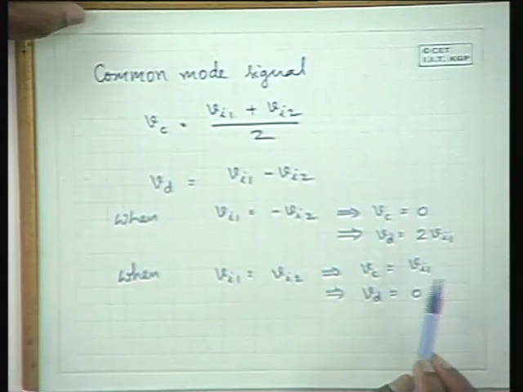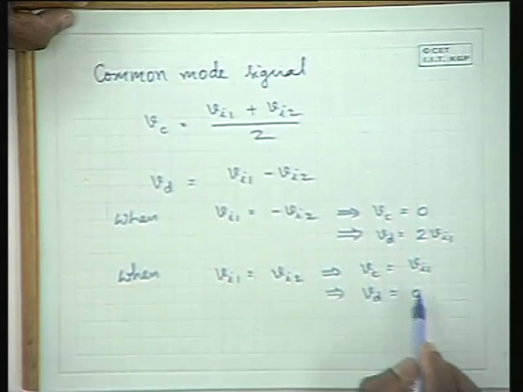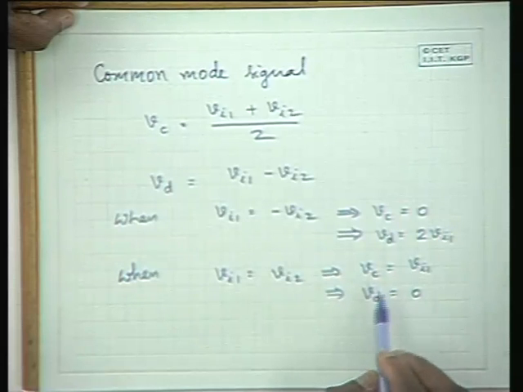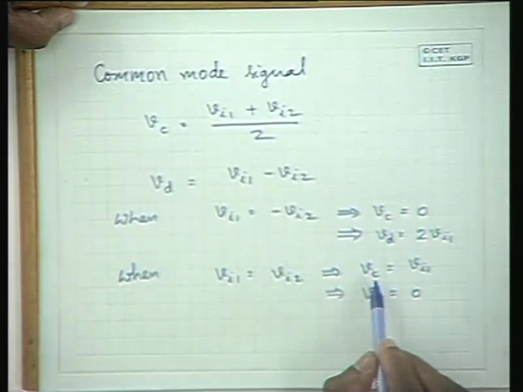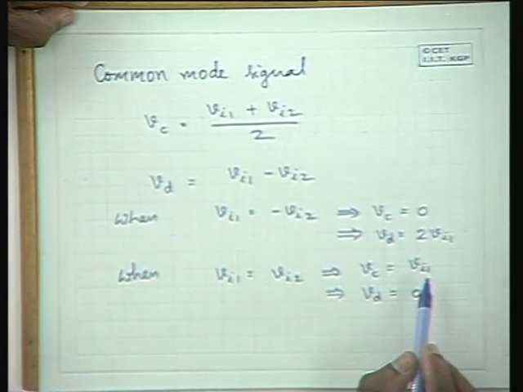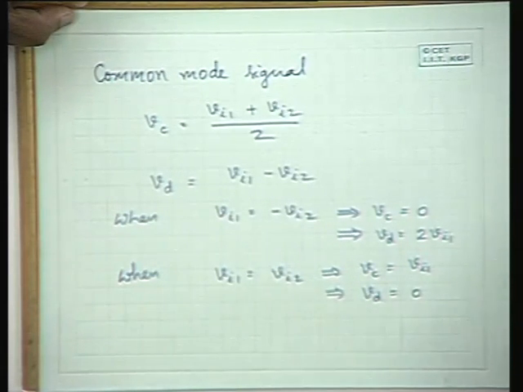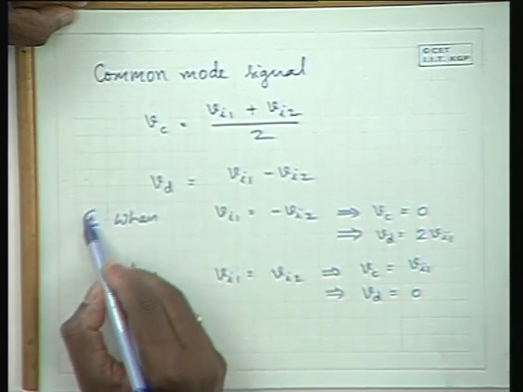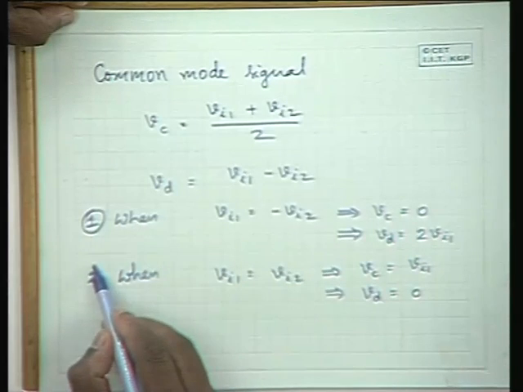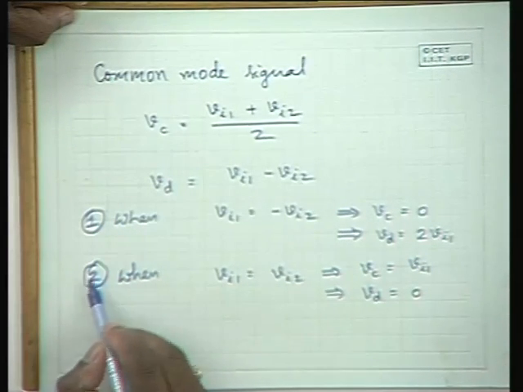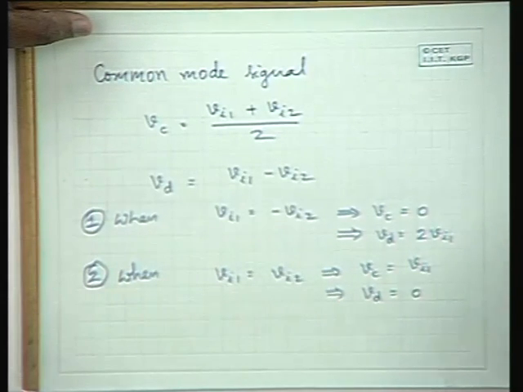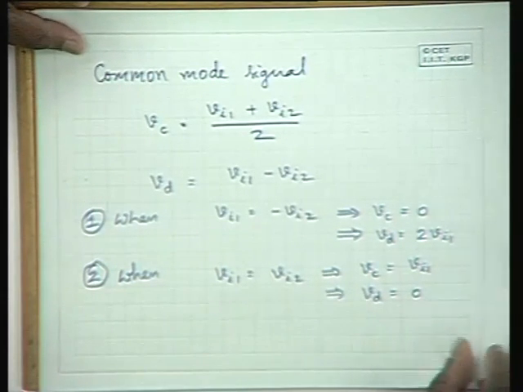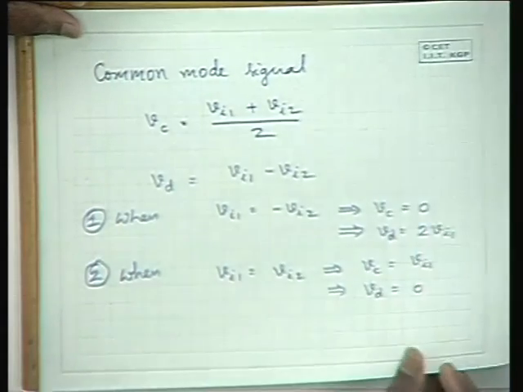So, irrespective of the differential gain, the difference signal is 0, whereas what you get is only out of the common mode signal. Hence, by this kind of experiment, one can go for the measurement of the common mode and differential mode gains.